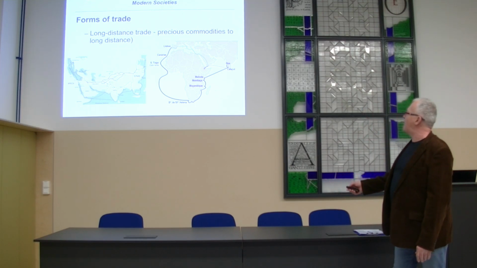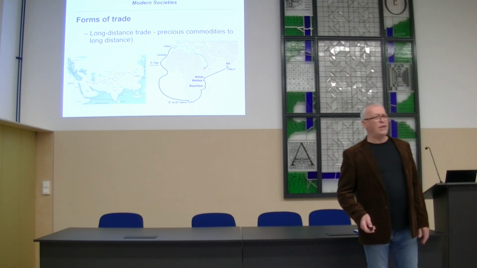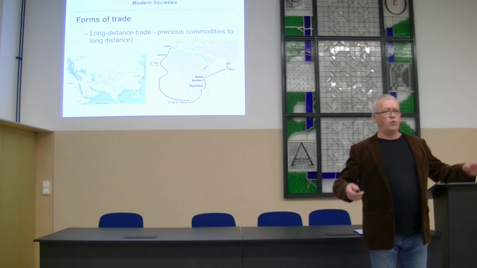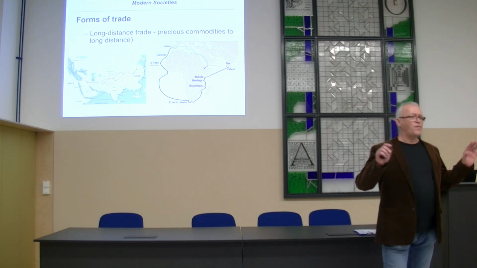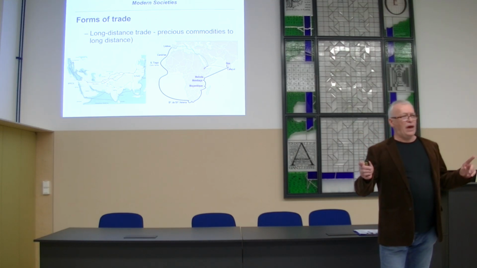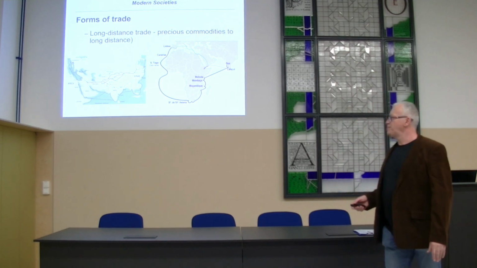For example, this is the red one, the Silk Road, the Great Silk Road. It doesn't mean only silk traveled from China to any other part of the world, a lot of other products, but the typical and brand-like product was silk.